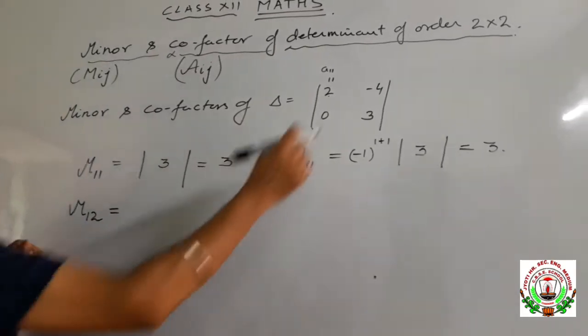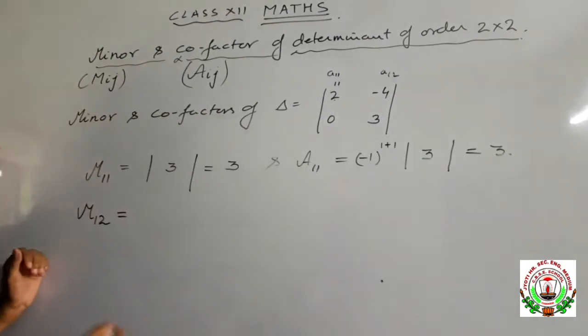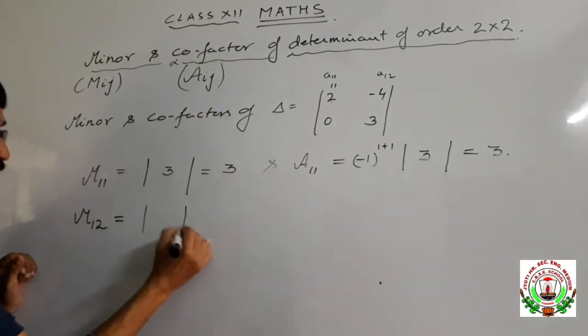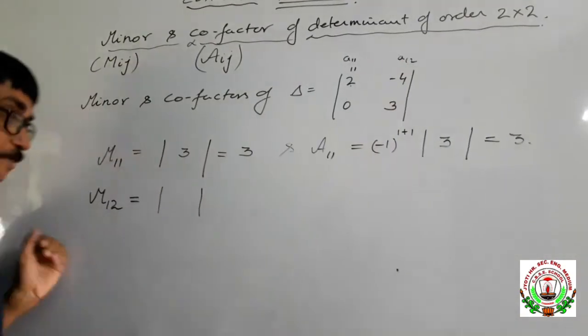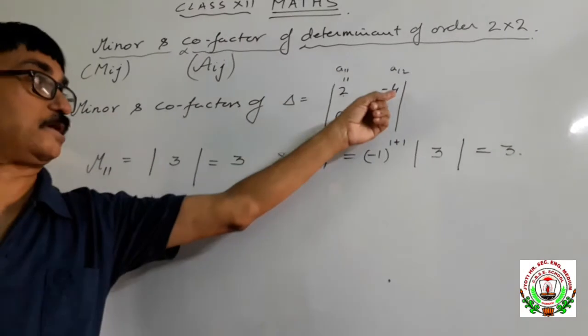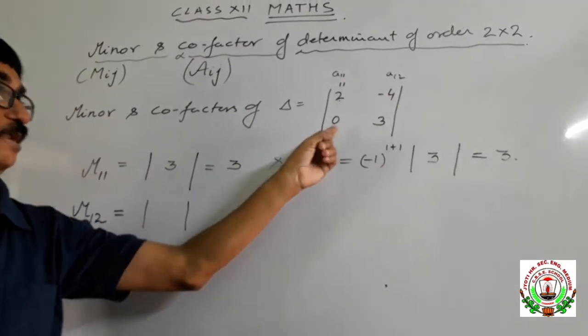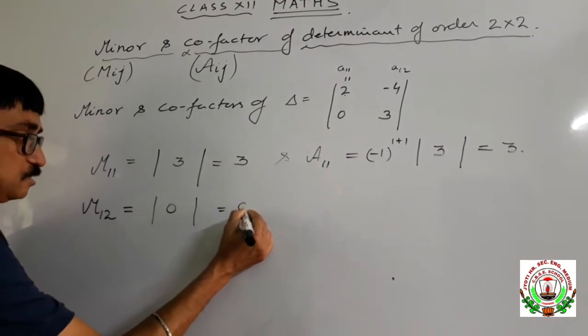Now the minor for calculating the element A12. Here we have to delete the first row and the second column, as it is in the first row and second column. We are left with only 0, so we get the result 0.